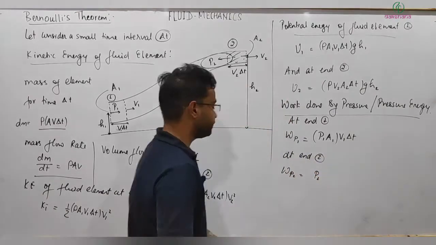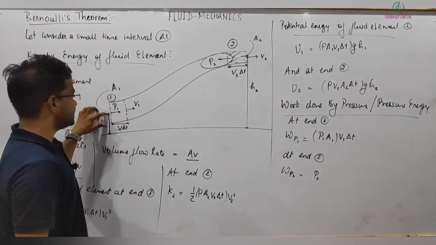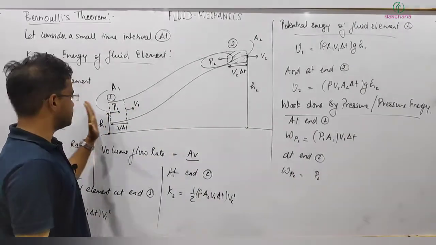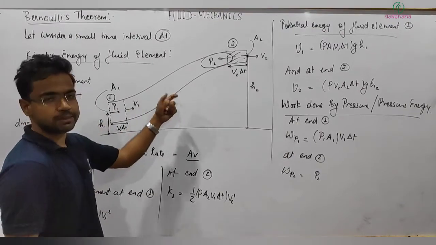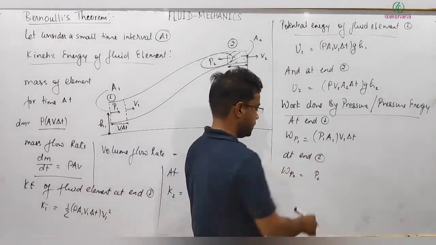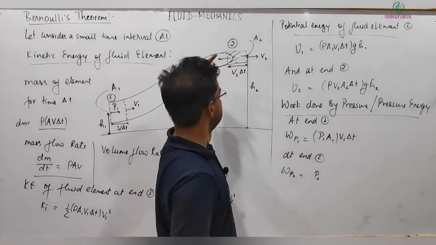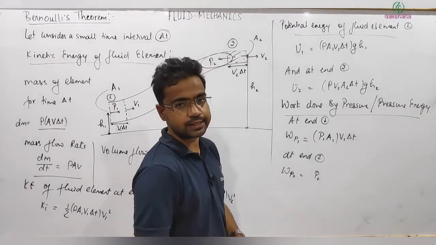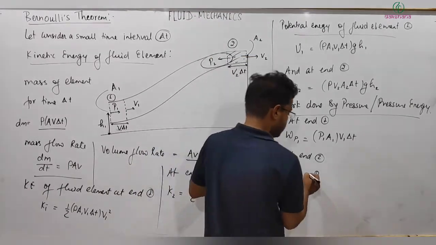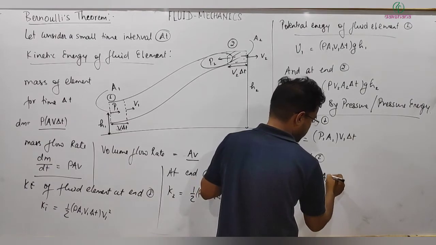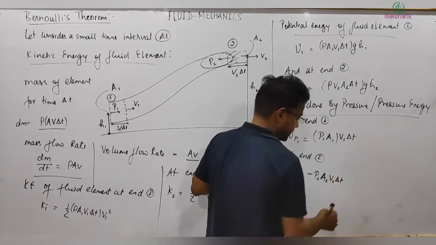One more thing: the work done by the pressure force here will be positive because pressure is applied in this direction and displacement is also in this direction. And at 2, pressure is acting in this direction while the displacement of the fluid element is in the right direction, so it will be negative. So I will write minus P2 A2 V2 delta T.